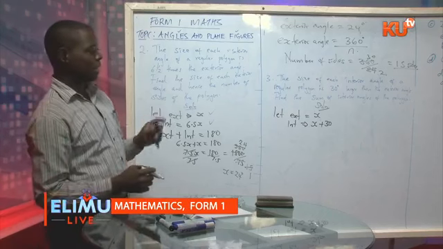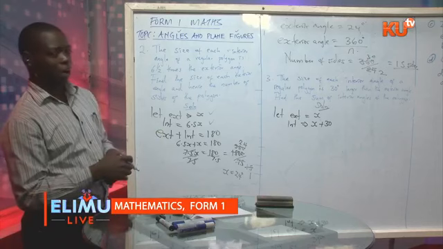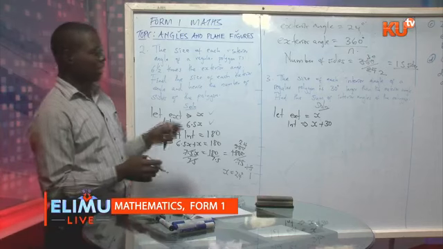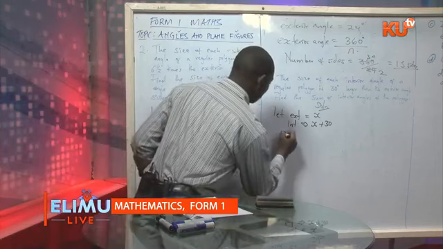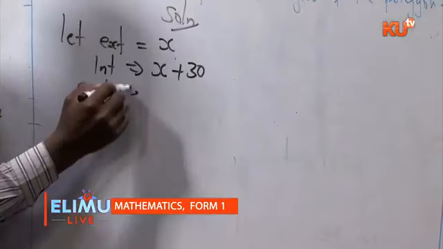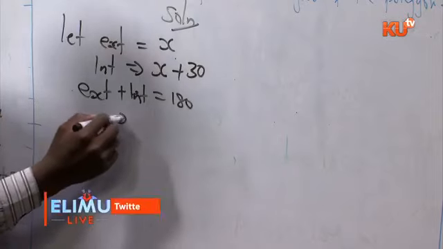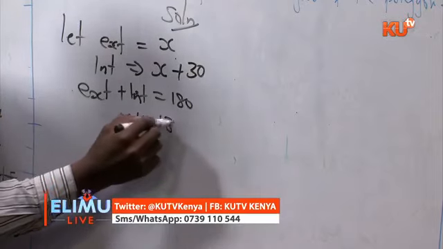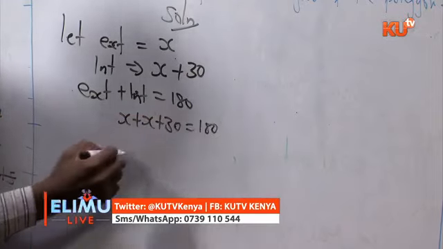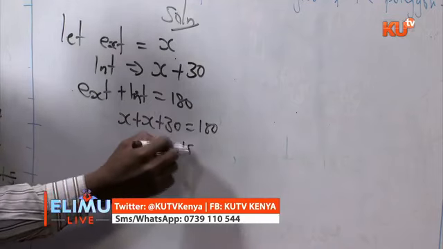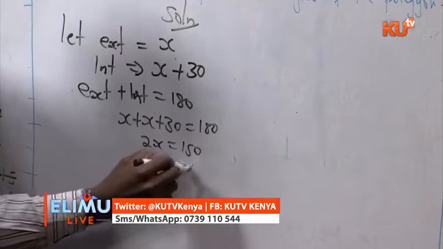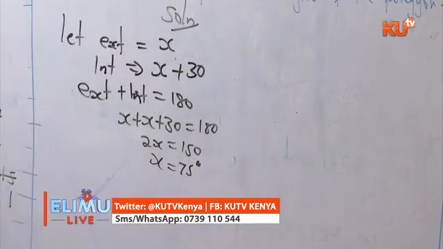So what is the sum? We said that the exterior plus the interior is 180. So x plus x plus 30 is 180 degrees, implying that 2x is 150, and so x is 75 degrees.